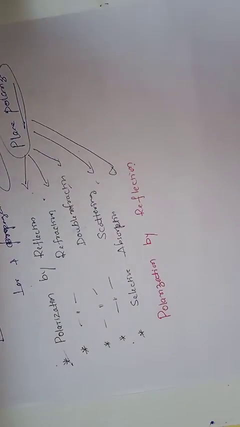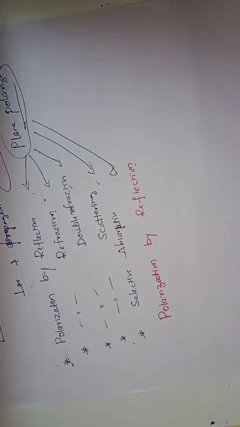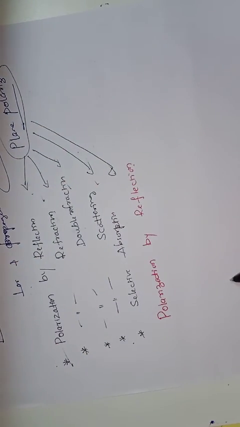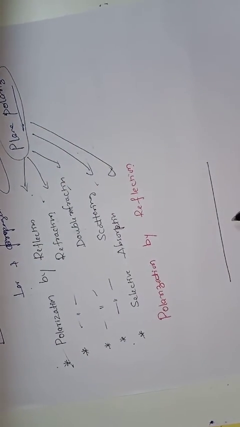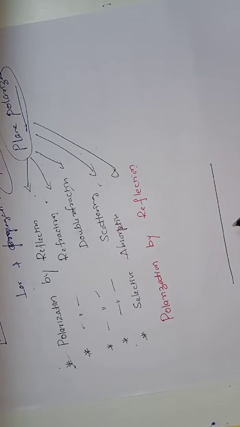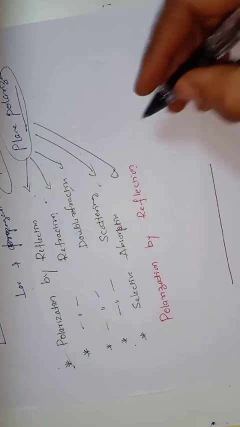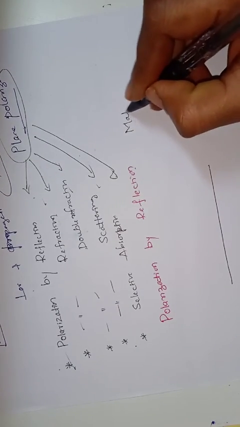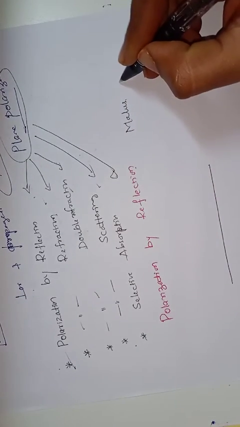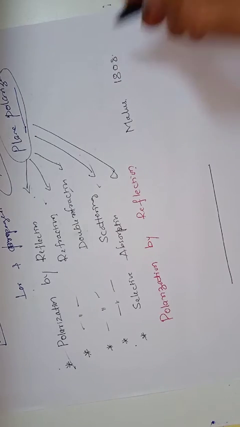Polarization of light by reflection on the surface of glass was discovered by the scientist Malus in the year 1808.